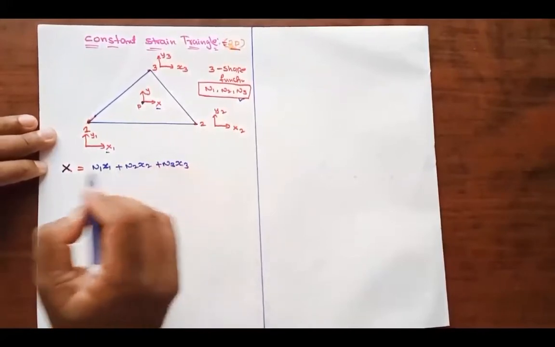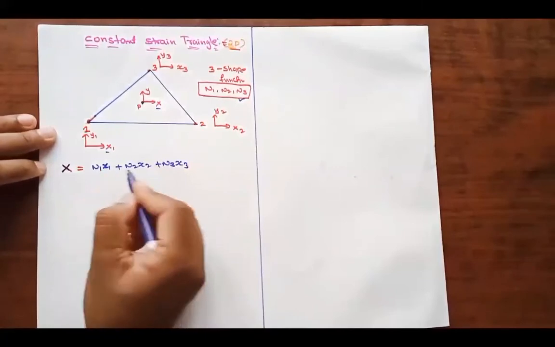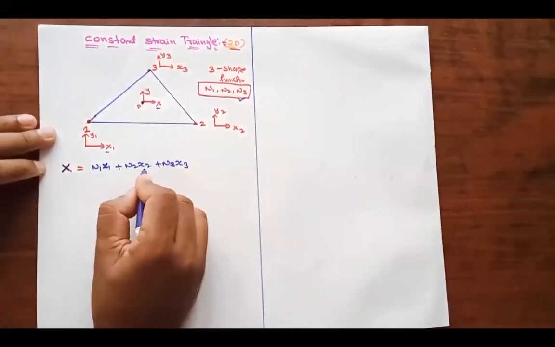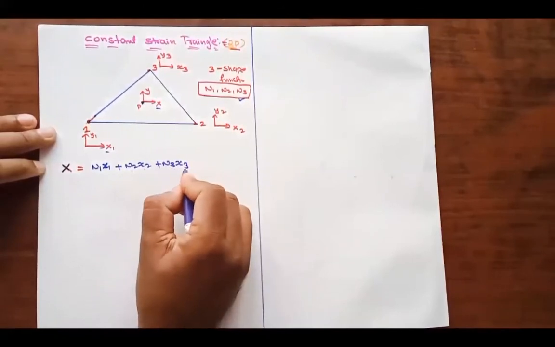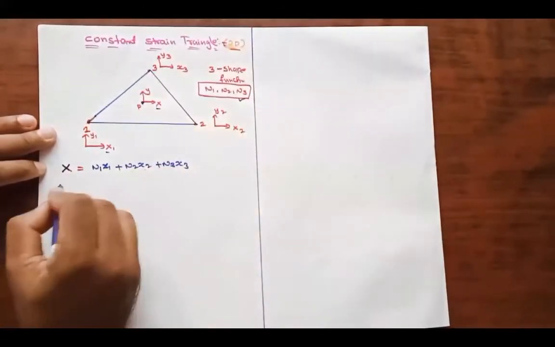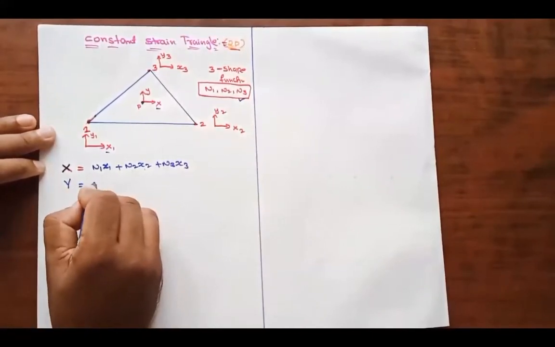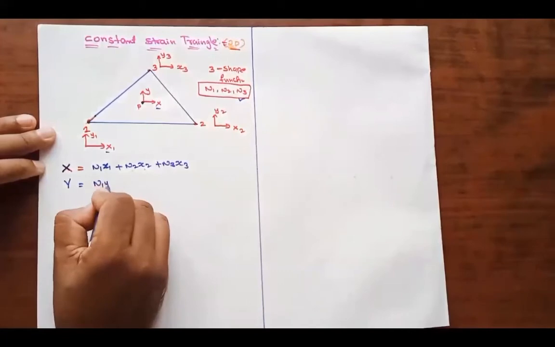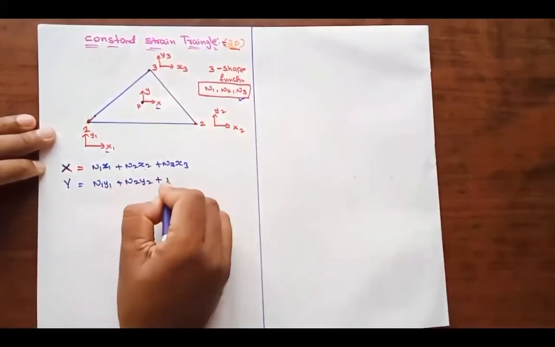That means shape function n1 with the x coordinate at nodal point 1, n2 with the x coordinate at nodal point 2, and n3 with the x coordinate at nodal point 3. Similarly, the capital Y can be defined as n1 y1 plus n2 y2 plus n3 y3.